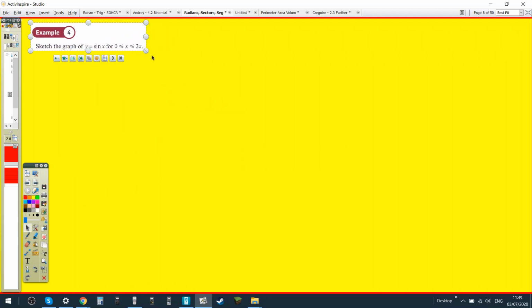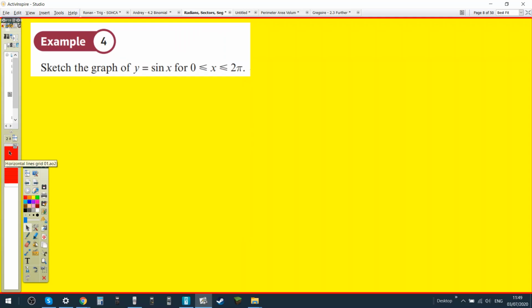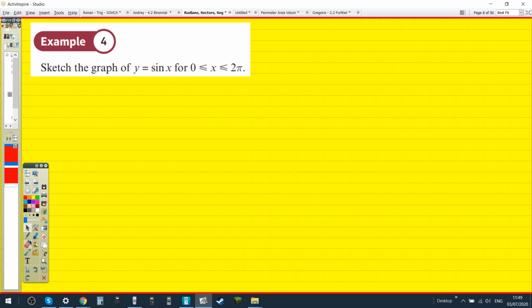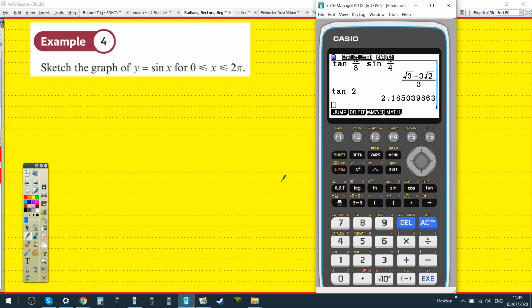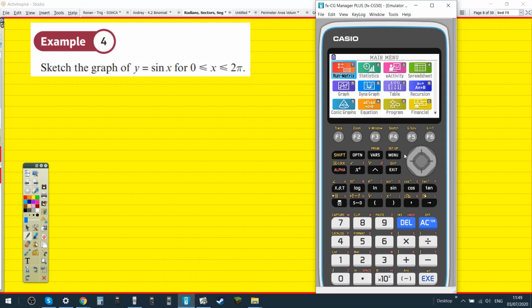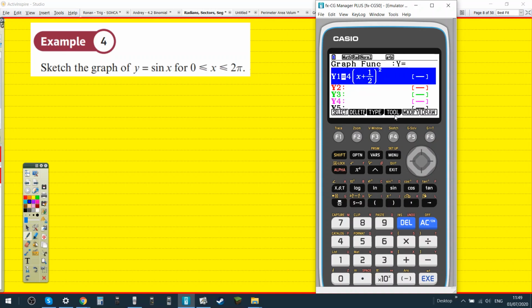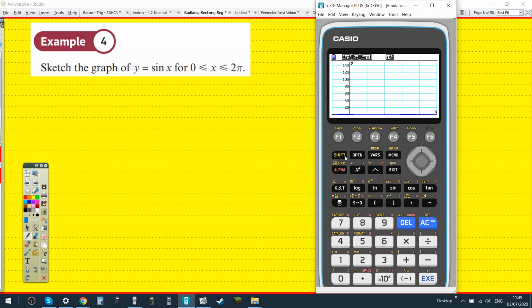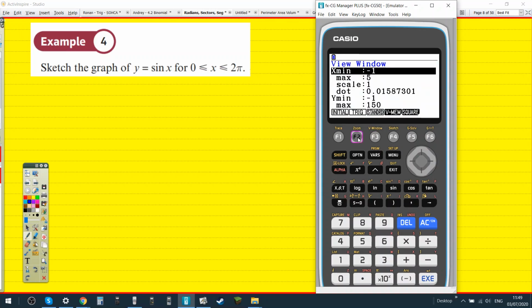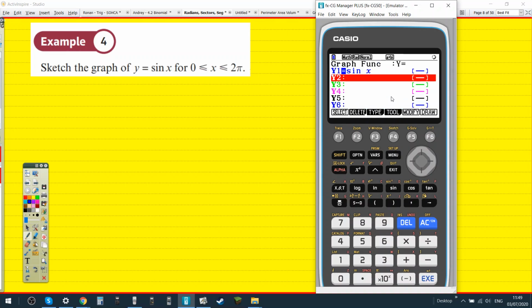Okay, how do you sketch this graph? I put it into my calculator. Yeah, and another thing you can now do, because you're now in degrees mode, I'll put sine x. So you have to shift view window, I'm going to choose trig. How did you go to that, sorry?